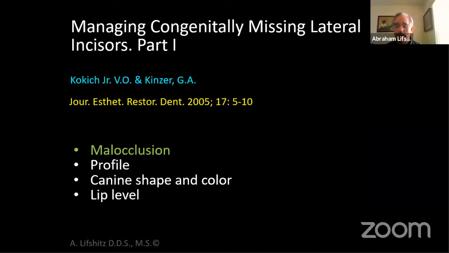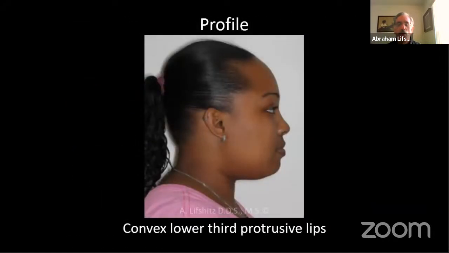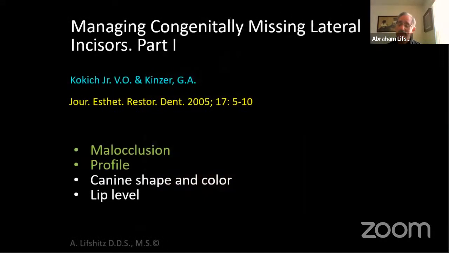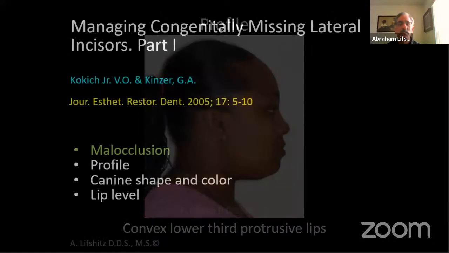What about the profile? She has a convex lower third and protrusive lips. And remember, she has limited overbite and limited overjet, so she complies with the profile requirements. What about the canine shape and color? Let me go back on this one, because I did not.